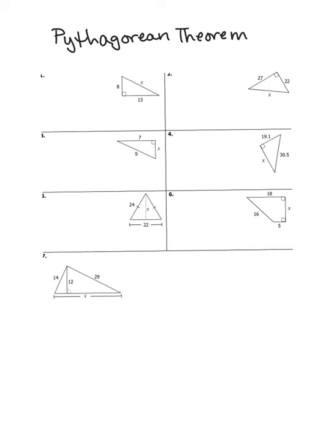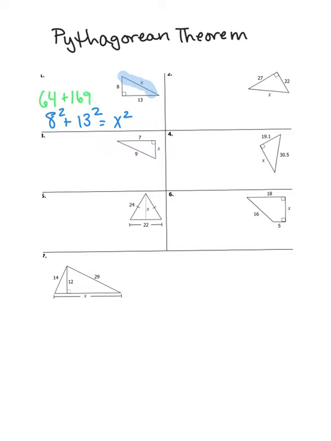So looking at some examples, we're simply going to set up the Pythagorean theorem. All we have to identify is which side is the hypotenuse. So in this first example, this is my hypotenuse, which is my x. So 8 squared plus 13 squared is equal to x squared. Of course, 8 squared is 64, 13 squared is 169.